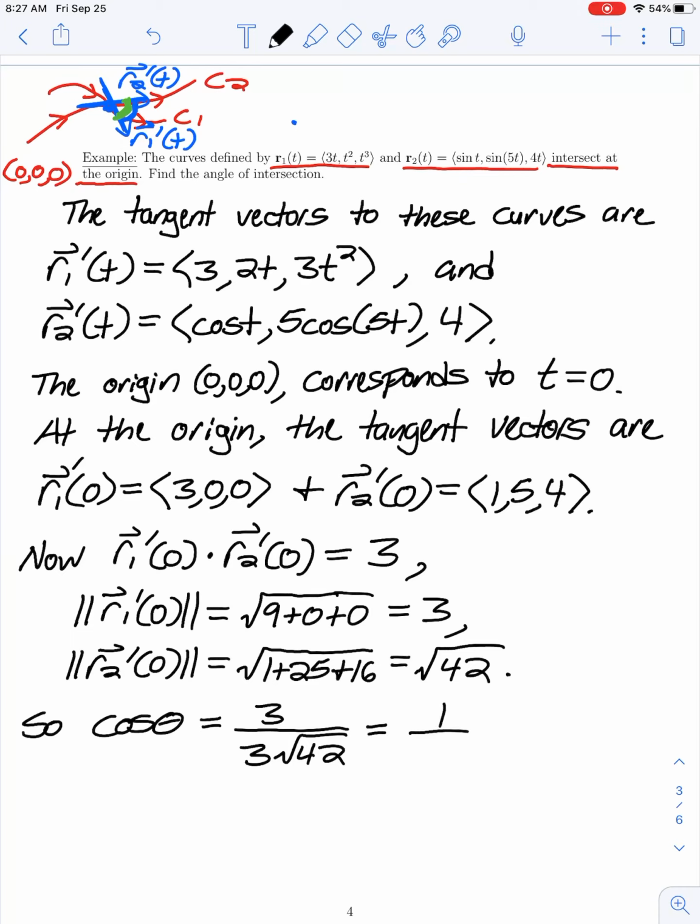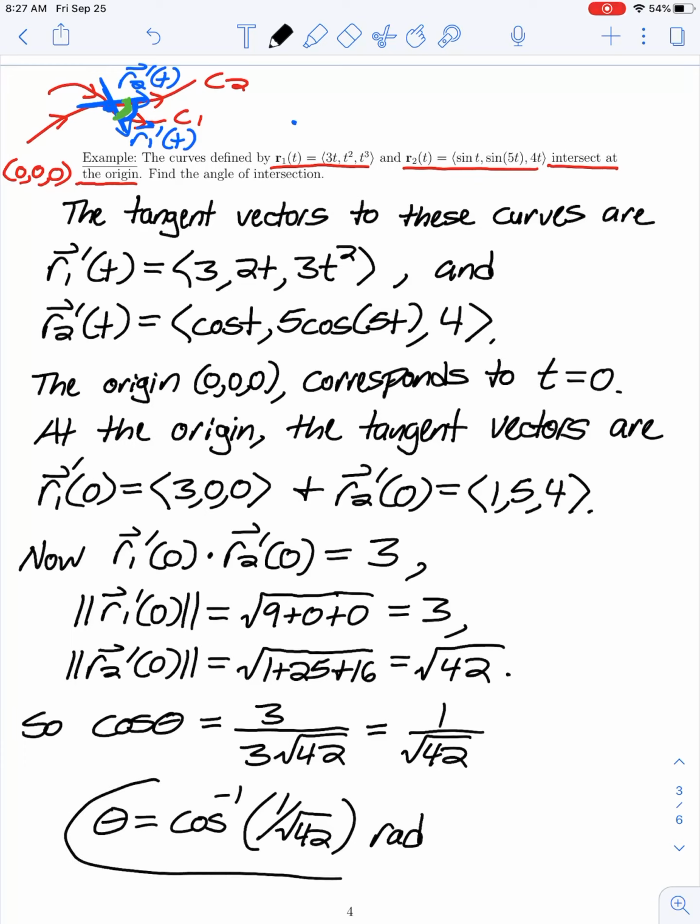So of course this reduces to 1 over root 42. And so theta, the angle of intersection between these two vectors, would be the arc cosine of 1 over root 42 measured in radians.